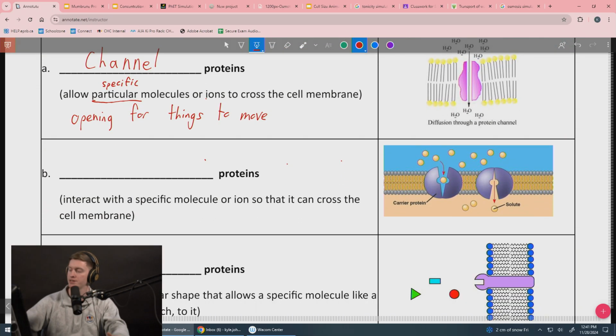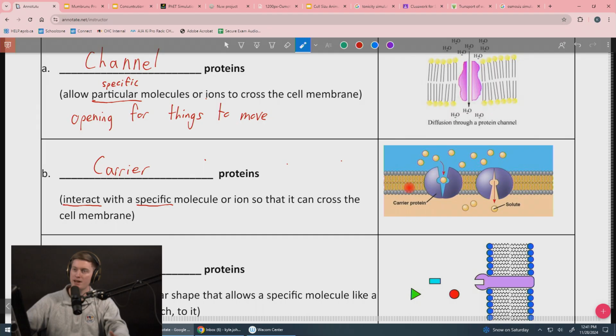Similar to channel proteins, we have carrier proteins. Carrier proteins also allow a specific molecule or ion to cross the cell membrane, but instead of just being an open channel, there is an interaction here. So you'll see here that the carrier protein is going to grab on to whatever this solute is that is moving across the membrane and push it out on the other side.